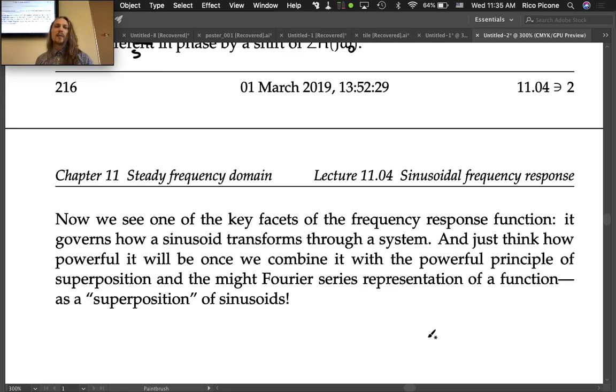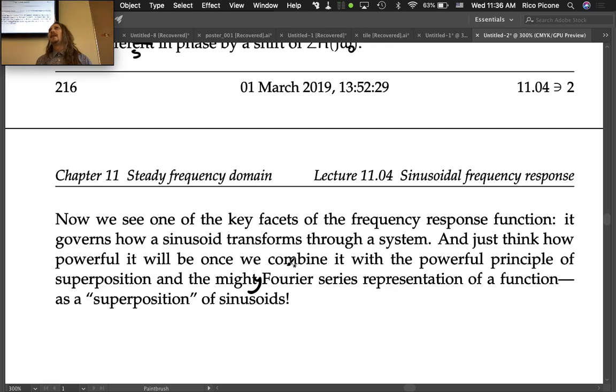And just think how powerful it will be once we combine it with the powerful principle of superposition and the mighty Fourier series. I don't know, I was getting a little hyperbolic here. The Fourier series representation of a function as a superposition of sinusoids. So think about this.